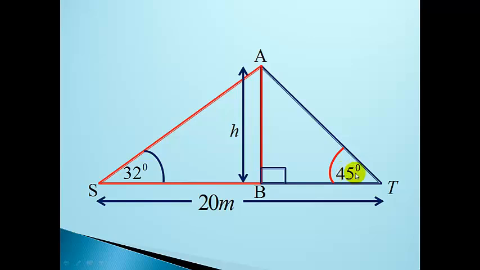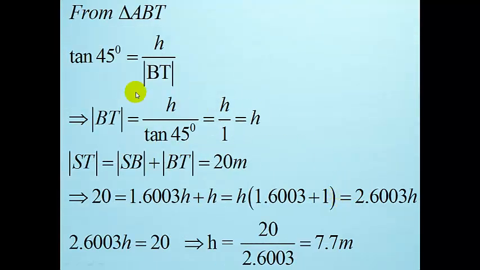So it means that tan 45 degrees is equal to H over BT. So tan 45 degrees is equal to H divided by BT. Now, making BT the subject, we have BT is equal to H divided by tan 45 degrees.